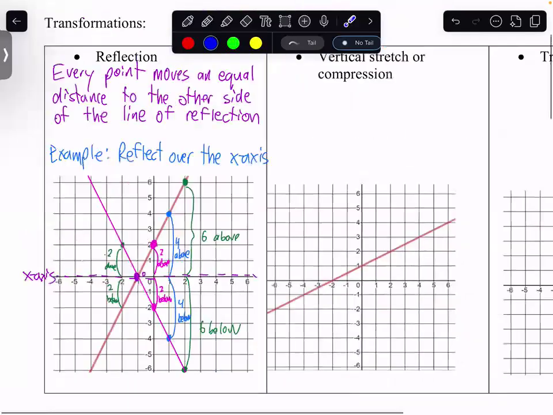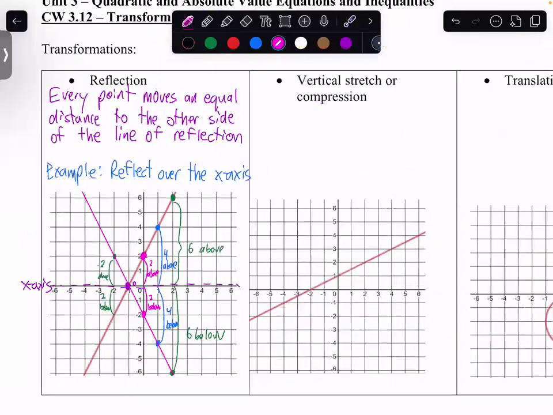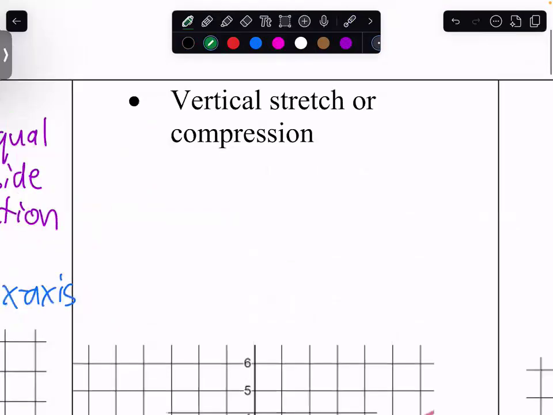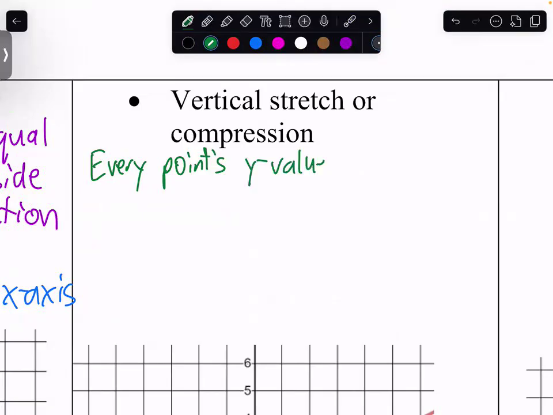The next type of transformation is called either a vertical stretch or a vertical compression. How this works: every point's y value is multiplied by the same number.